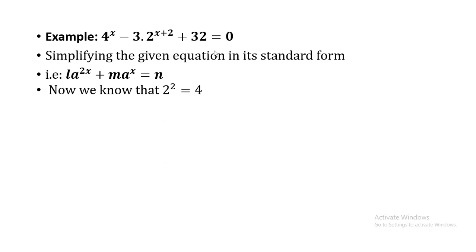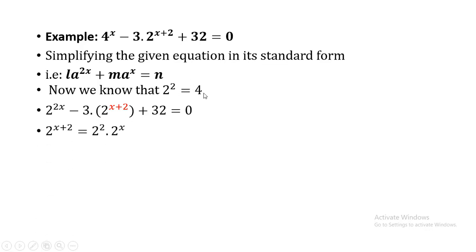We know that 2 squared equals 4, which we need to keep in mind here. The 4 can be converted by writing 2 squared instead of 4, so we get 2^(2x).